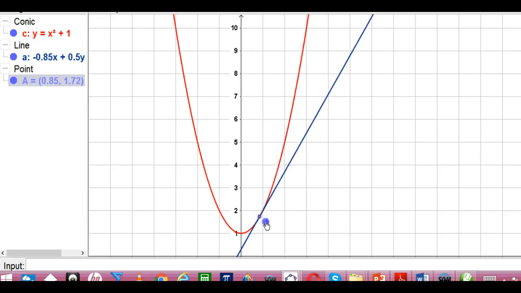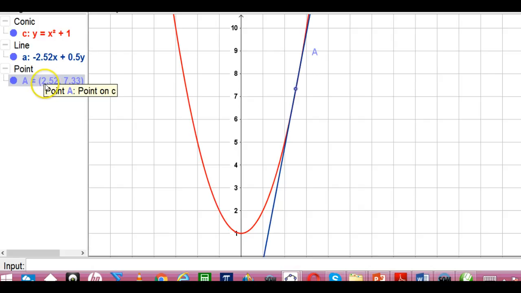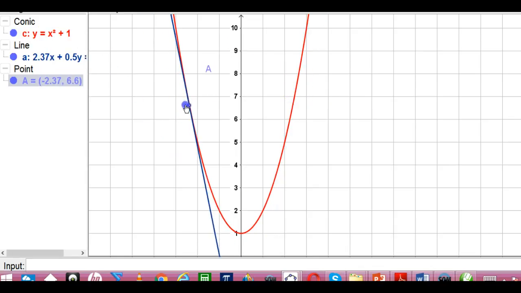Now, this is the gradient, the tangent to this very curve. So at what point are we to calculate the gradient? If you calculate the gradient at this very point here, where x equals negative 2.52, you can see it from here. What will be the result of the derivative? And so we want to do that by calculating using the first principle.